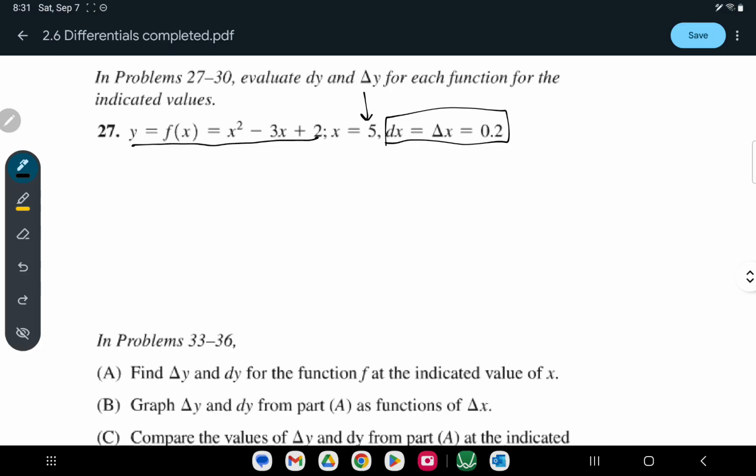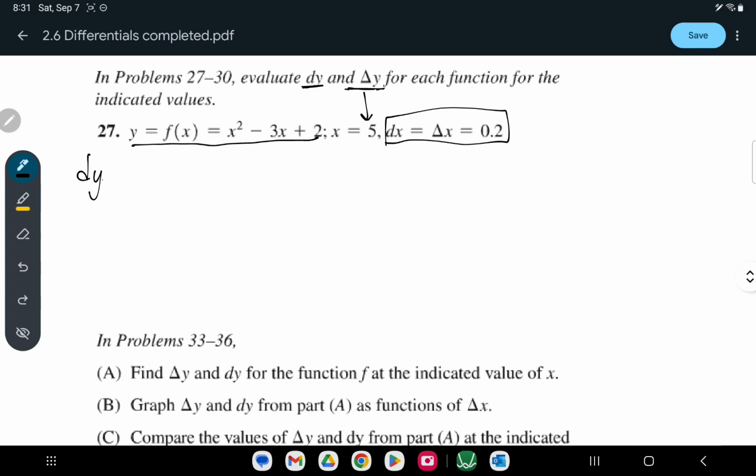So let's work this out. So we want to find dy, which is that approximation, and then the actual change in y. Let's find the approximation first.